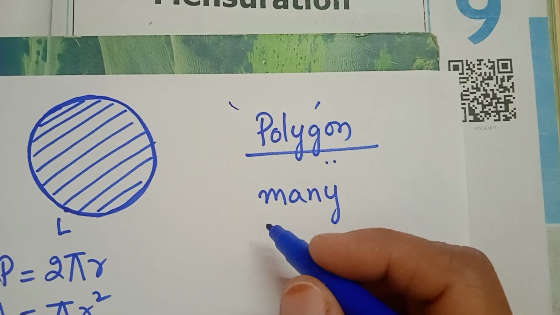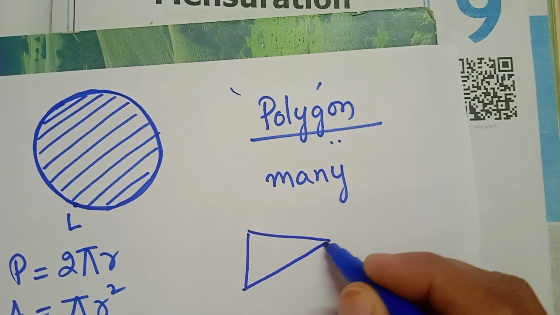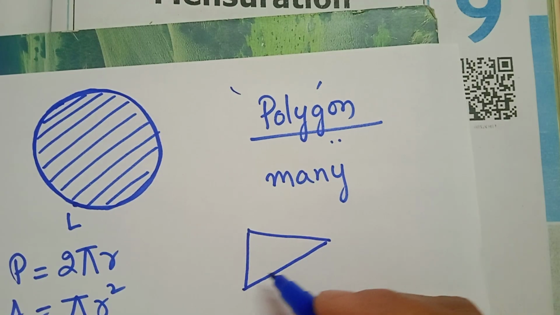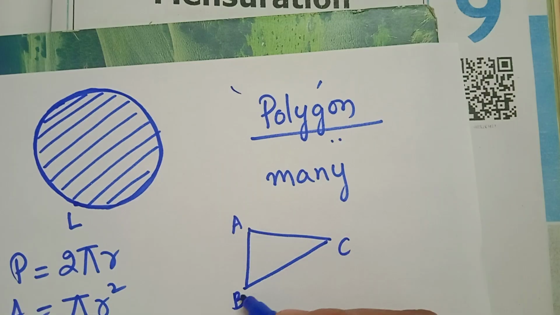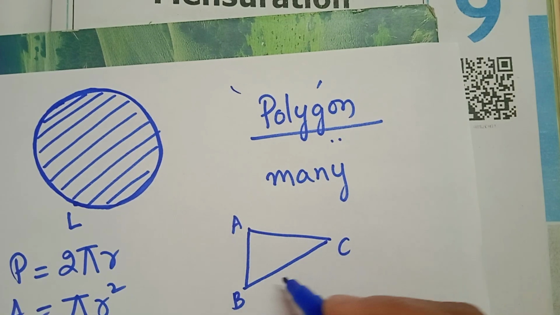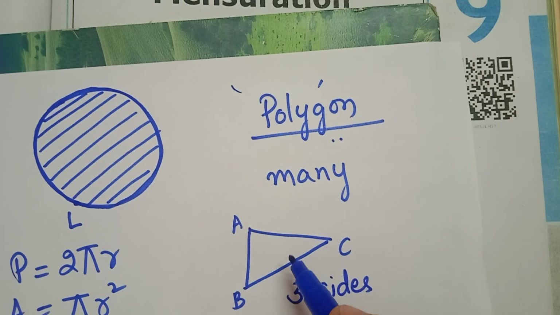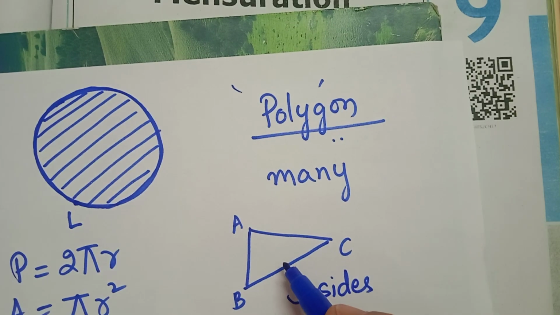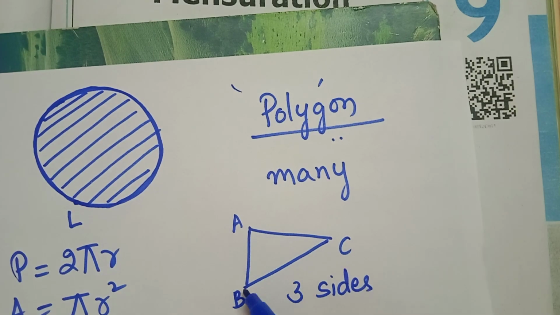For example, see here, this is a plane figure ABC. How many sides does it have? AB, BC, CA. It has 3 sides. So you can call this a polygon of 3 sides. So a triangle is also a polygon with 3 sides.